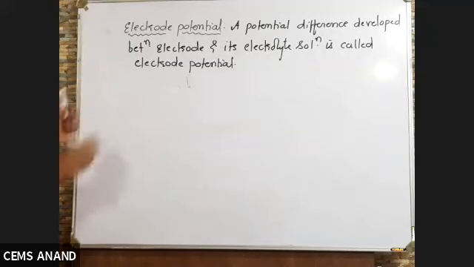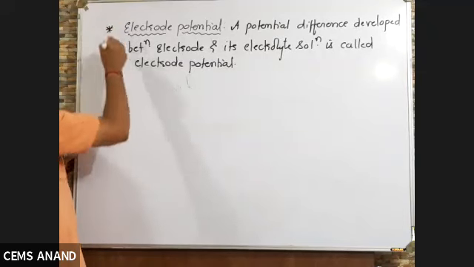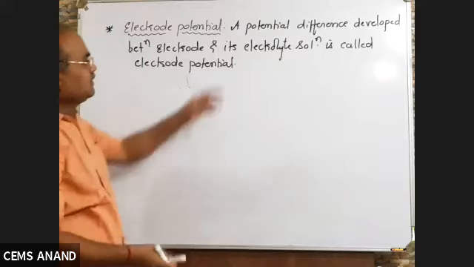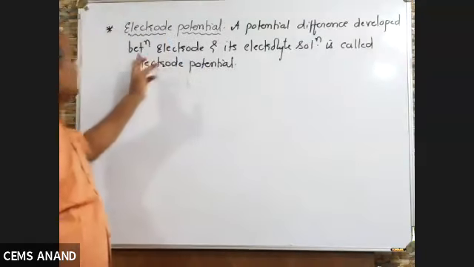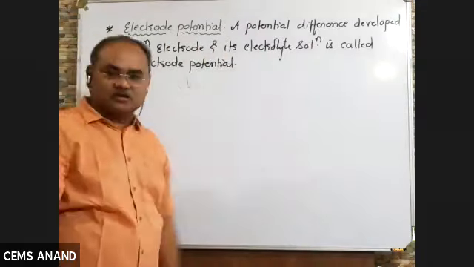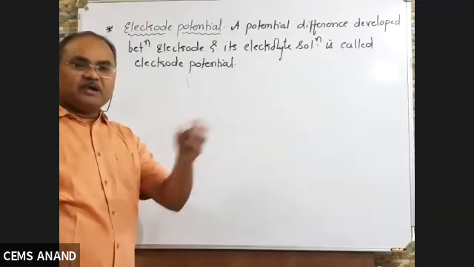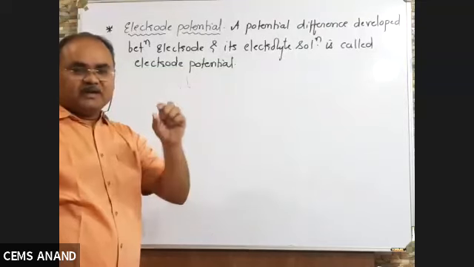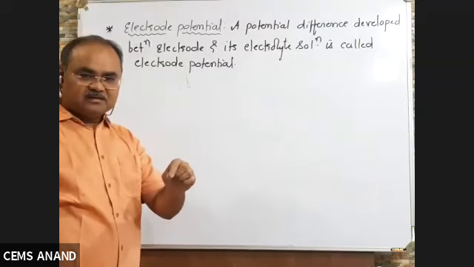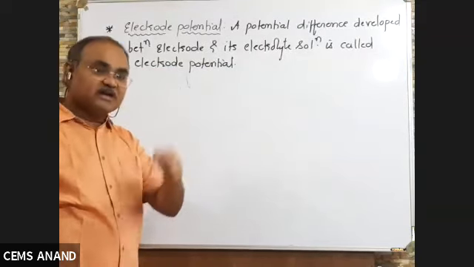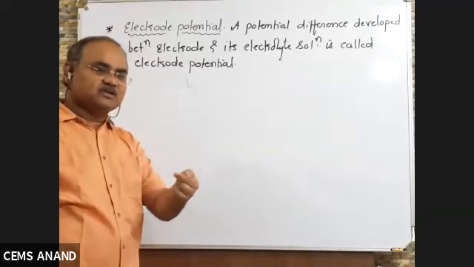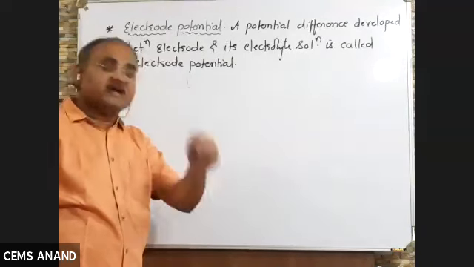Now this is the definition of electrode potential. For example, zinc and ZnSO4, copper and CuSO4, H2 gas, but actually it is not H2 gas, platinum on the surface, hydrogen gas on the surface of platinum dipped in HCl solution.